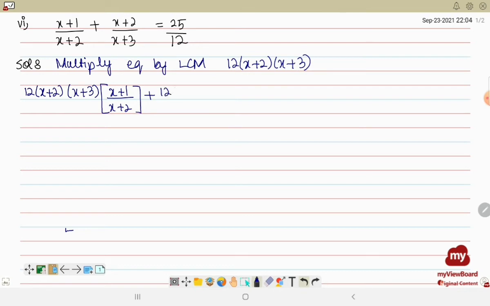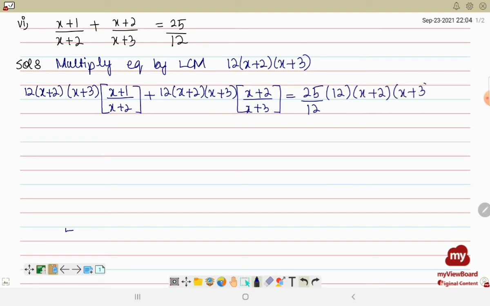Let's solve it further: 12(x+2)(x+3) times (x+2)/(x+3), and on the right hand side 25/12 times 12(x+2)(x+3). So we have multiplied the whole equation by the LCM.